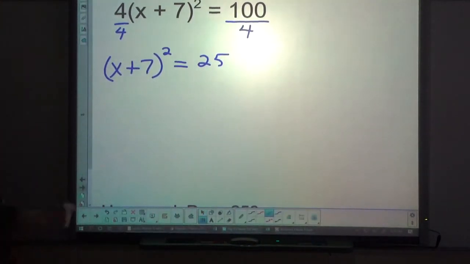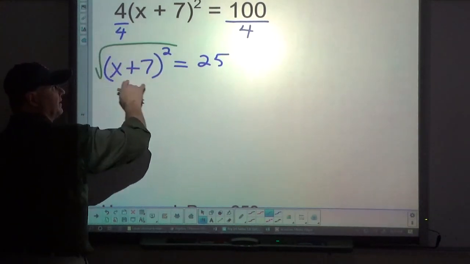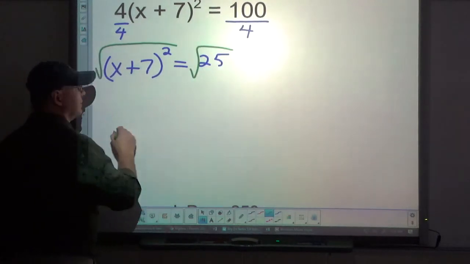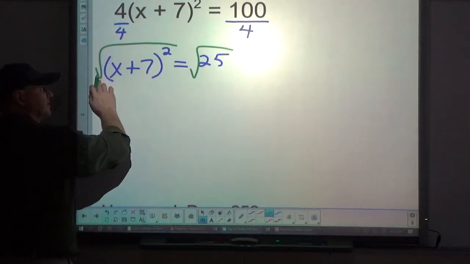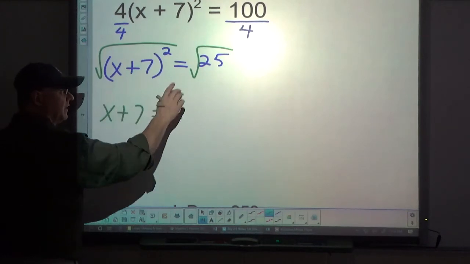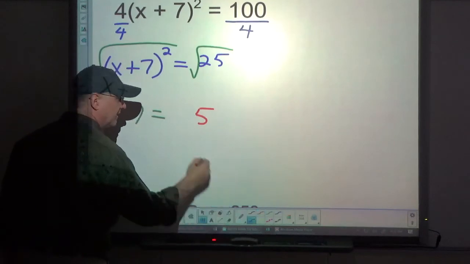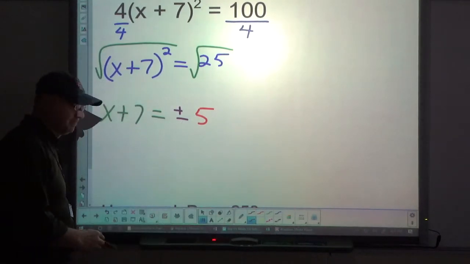Now I'm going to square root both sides because I have the parenthesis squared. The square root and the square cancel each other out, giving x plus 7. Square root of 25 is 5, but I have to include the plus minus sign.